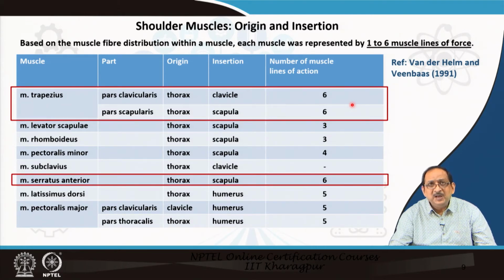In this table we highlight the muscle trapezius. As you can see, each part is represented by 6 lines of force. Muscle serratus anterior also has 6 muscle lines of force.